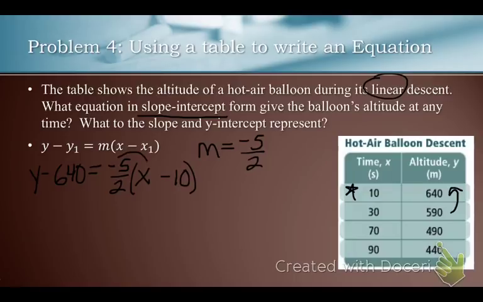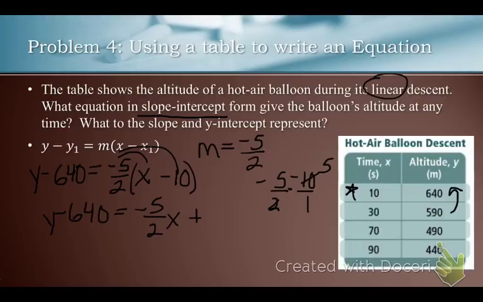So I'm actually going to start by distributing this fraction. Y minus 640 equals -5/2x, and then 5/2 times 10. They are both negative, so it is going to turn into a positive. And it simplifies to plus 25.